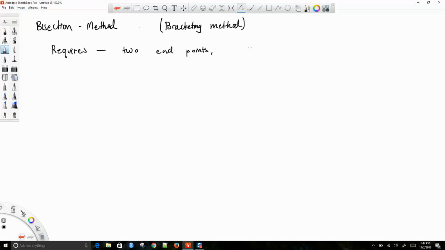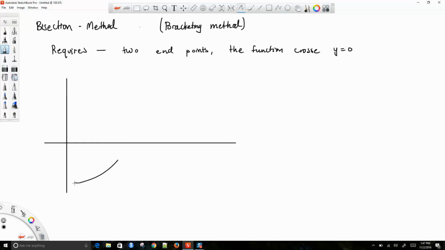Okay, and the function f of x crosses y equals 0. So let's say you got something like this, okay? And all you need is you just say, okay, we're going to call this x on the right and x on the left, okay?